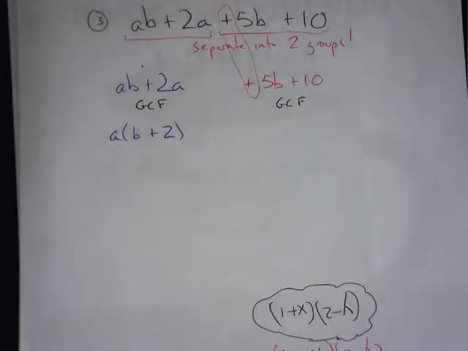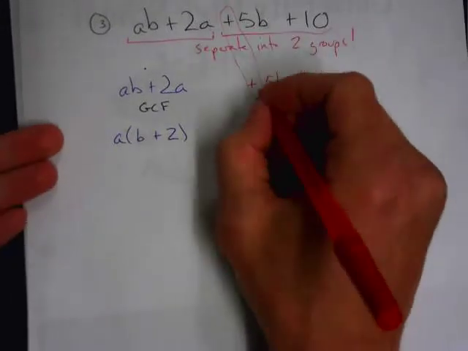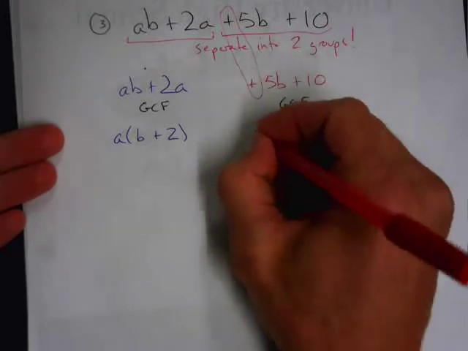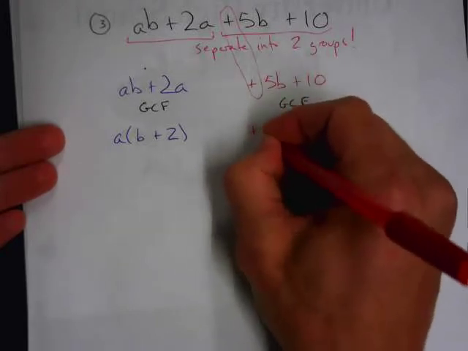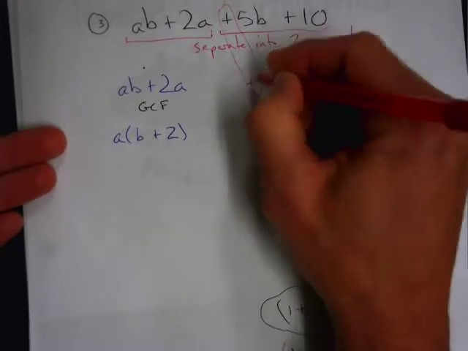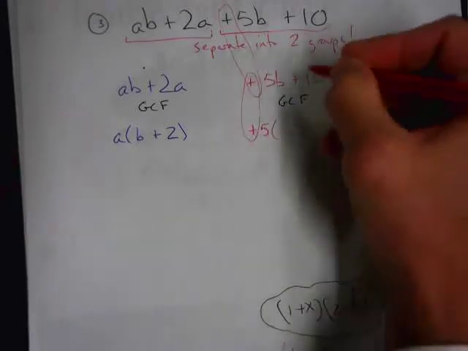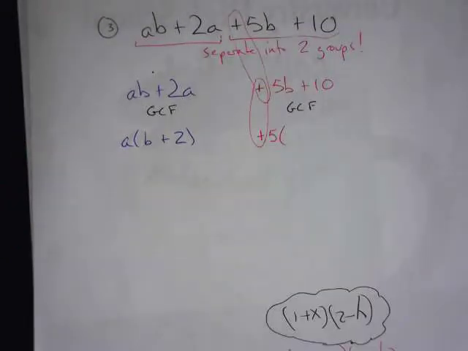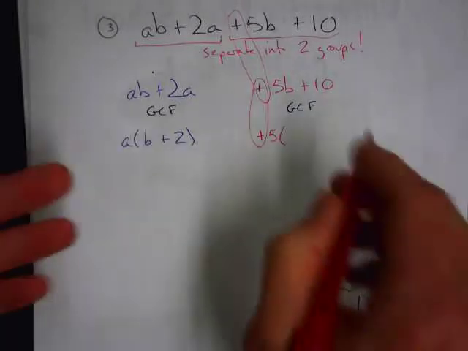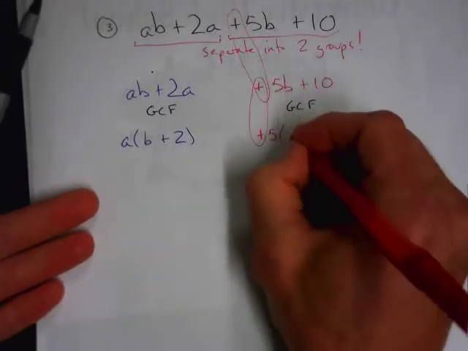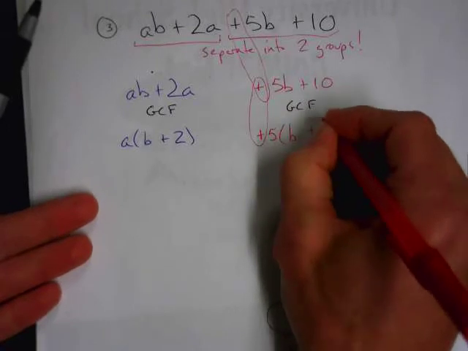Hopefully you see that the greatest common factor is going to be 5. But you've got to be careful with the sign. We're going to factor out a plus 5. This will make sense in a little bit. When I factor out plus 5 from each term, I'll be left with b plus 2.